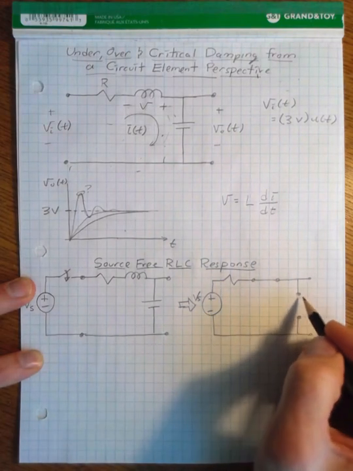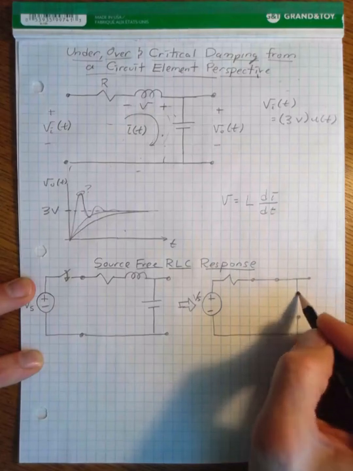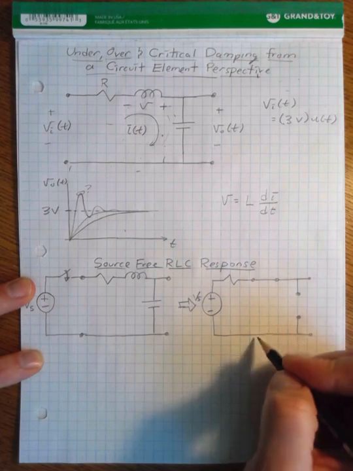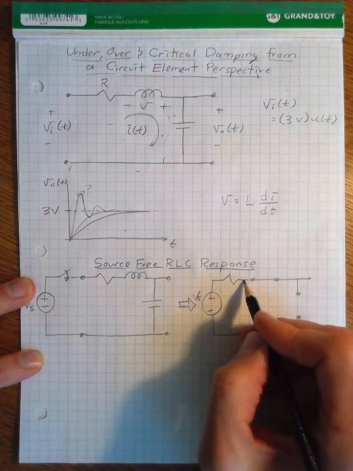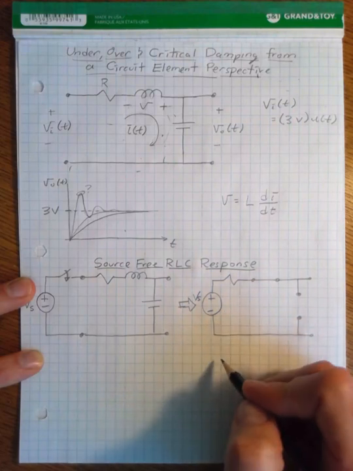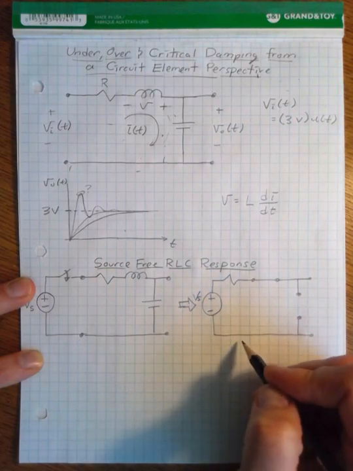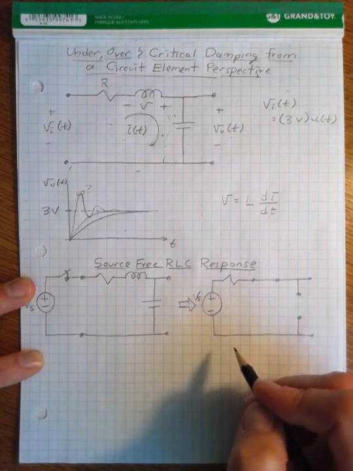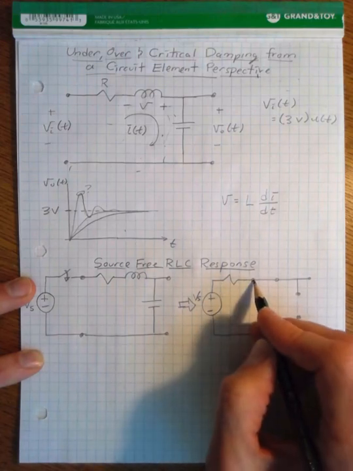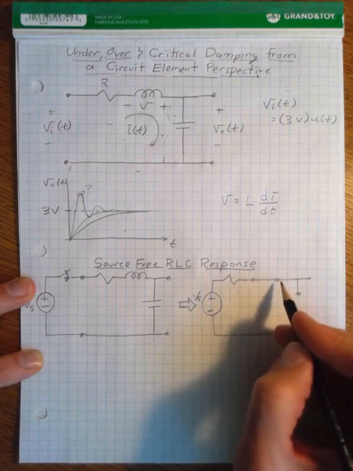Obviously, because we've broken our circuit here, no current can flow in the counterclockwise direction. That means the voltage drop across the resistor has to be 0 because V is equal to IR. So if I is 0, then the voltage across the resistor is 0. There's no voltage drop across this inductor because it's a short circuit.